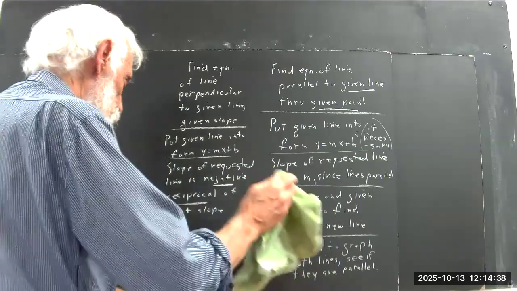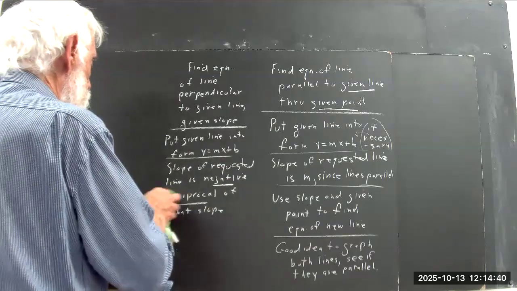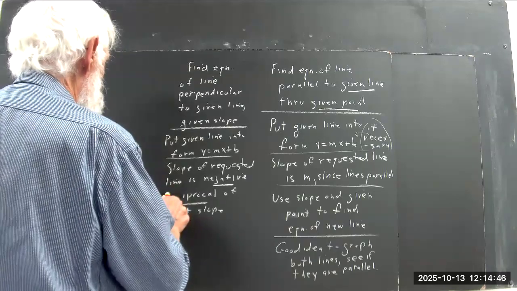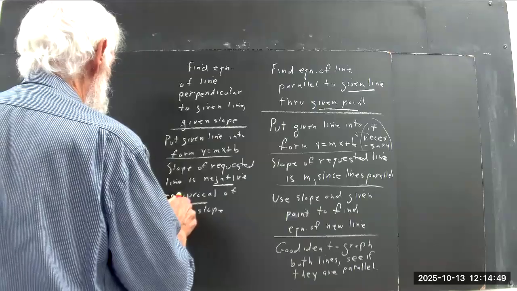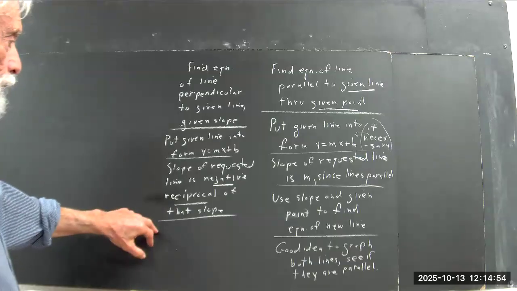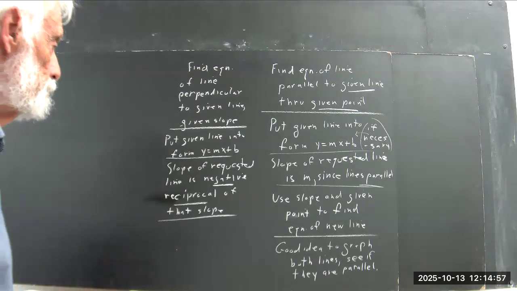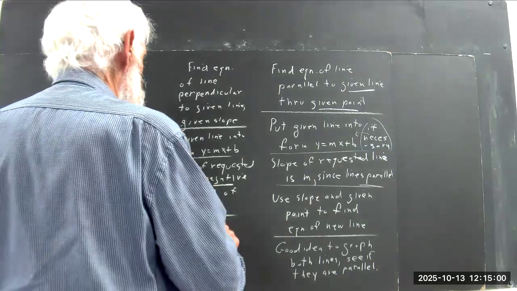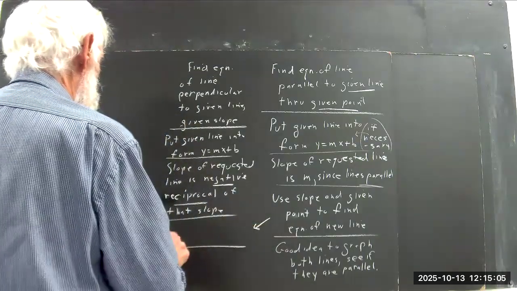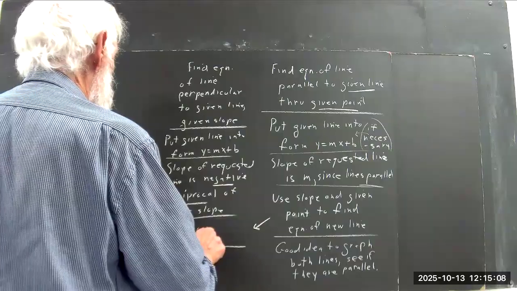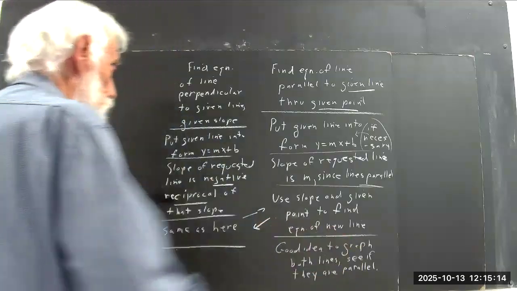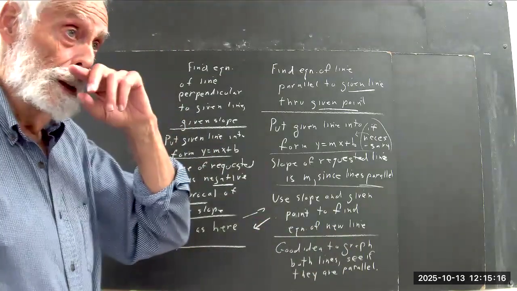My word reciprocal is not quite written legibly. A little better. The slope of the requested line is the negative reciprocal of that slope. Then, the same as here, use the slope and the given point to find the equation of the line.